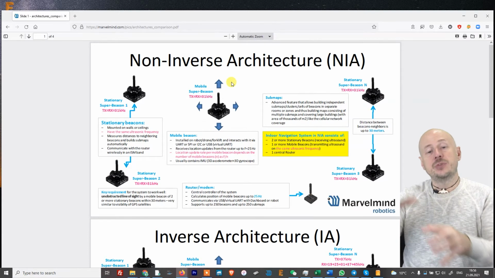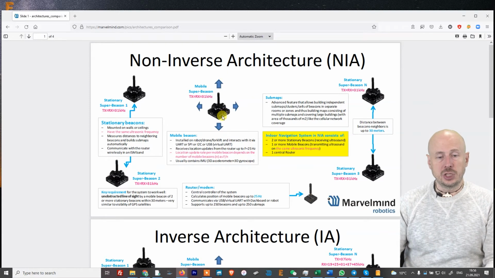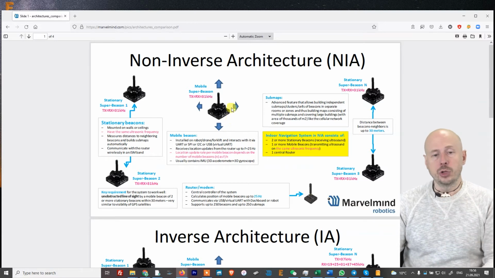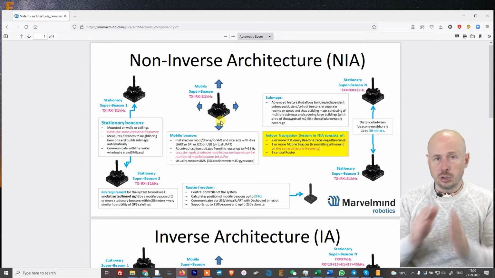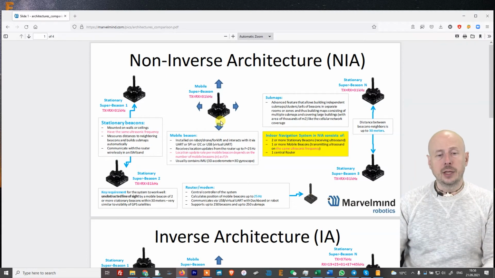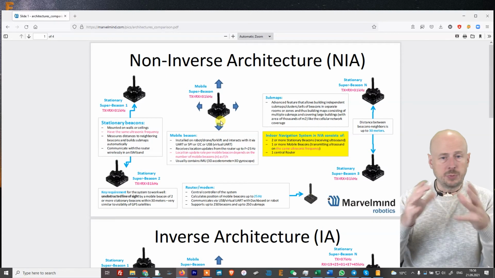But the biggest difference as a result of this is the following. When you have more than one mobile beacon in non-inverse architecture, since we are using only one frequency, you can serve only one mobile beacon at a time, because the frequency is the same. You cannot distinguish based on the frequency. And unfortunately, we cannot distinguish the mobile beacons by something else, like code modulation or some other modulation.